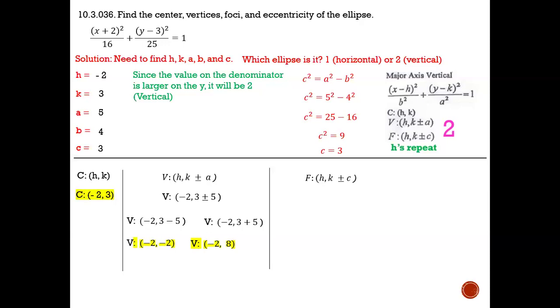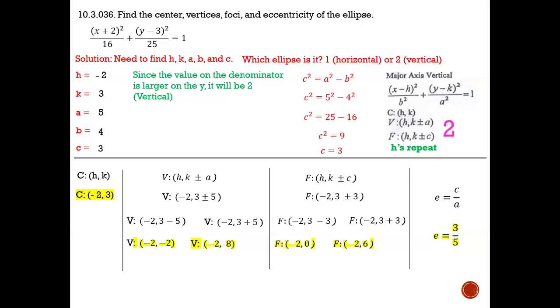My foci, using the formulas given to find the foci, are -2, 0 and -2, 6. And the formula for the eccentricity is E equals C over A. C is 3, A is 5. So the answer is E is equal to 3/5.